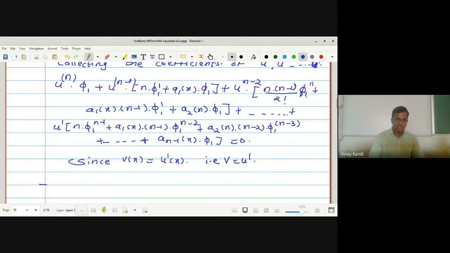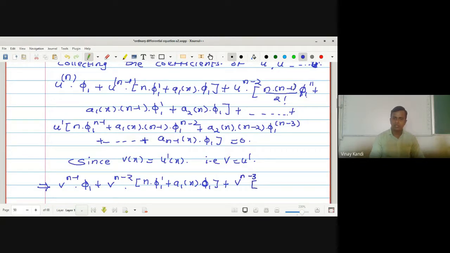So here we get, it implies u raised to n minus 1 becomes v raised to n minus 1 into phi 1, plus u raised to n minus 2 becomes v raised to n minus 2 into n into phi 1 dash plus a1 of x into phi 1, plus v raised to n minus 3.